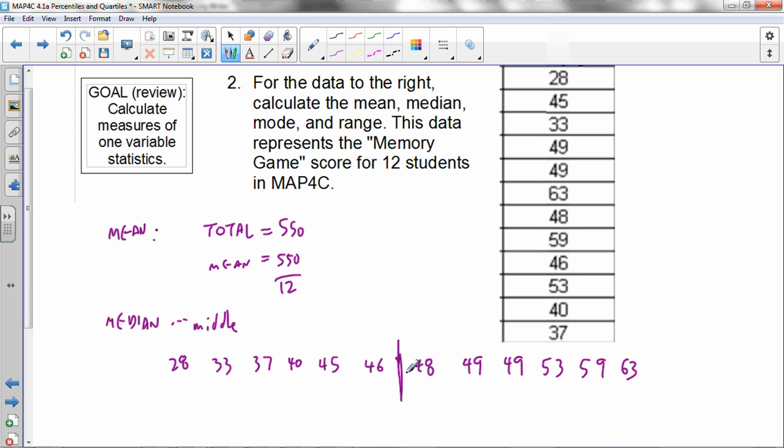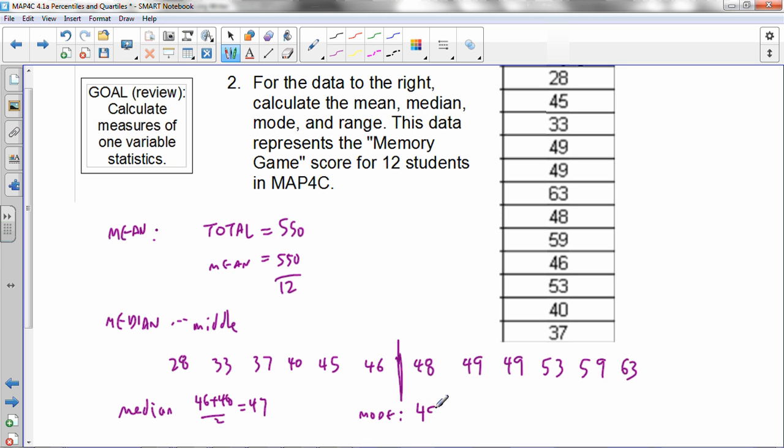Since there isn't actually a piece of data that represents the median, we find the total of those two and divide by 2. So 46 plus 48 divided by 2 is 47, and that's the median. The mode is the one that occurs most frequently, and that looks like 49.